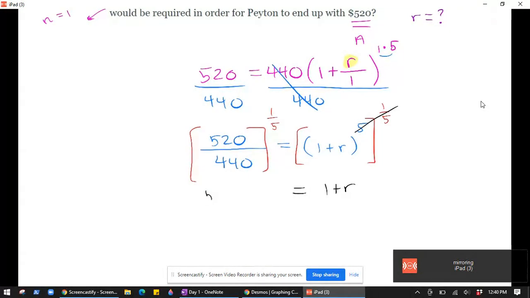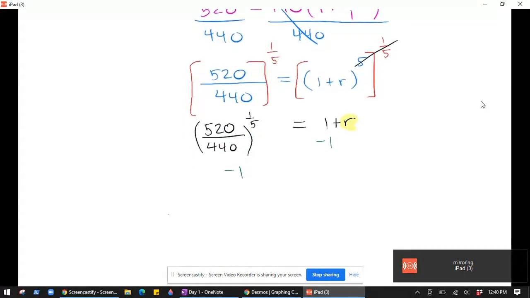So I'm just going to be completely comfortable with writing this as 520 over 440 to the 1/5. I'm just going to leave it like that. Again, our goal is to solve for our r value. We are almost there. It's just I have a 1 added to it, so I've got to undo that and subtract 1. So if we were to write our answer, it would be 520 over 440 to the 1/5 minus 1.